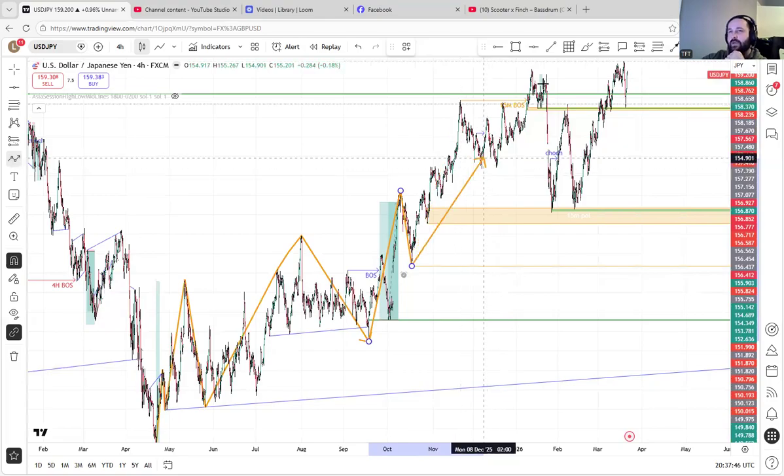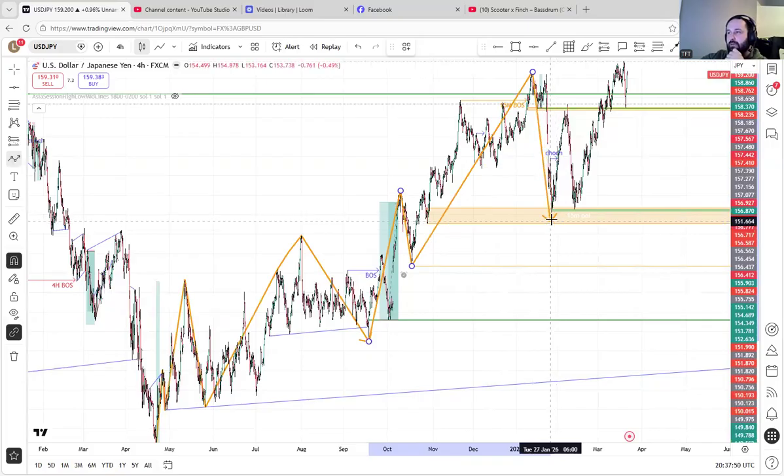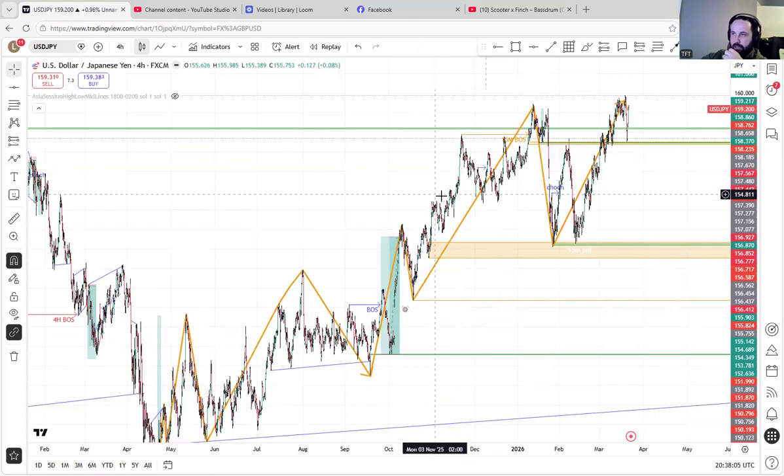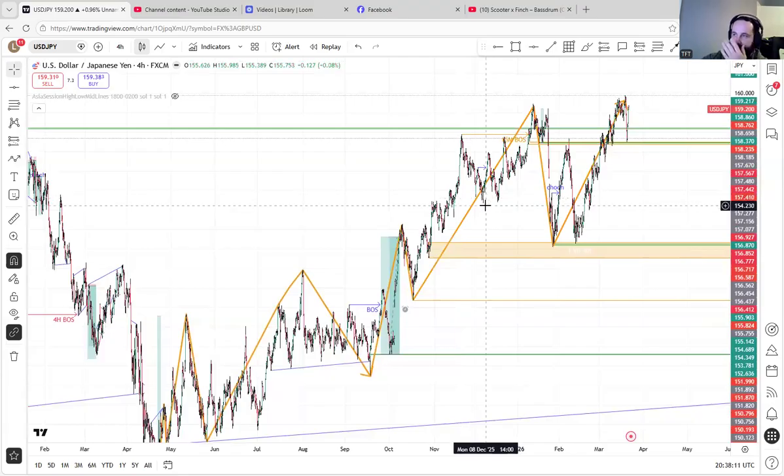I'll be back on that. I'm going to do it that way for now. So this is the structure as I see it now. I don't want to confuse everyone, but there's a case to be made that there's a structure in this: this is a high, and this is maybe a pullback.